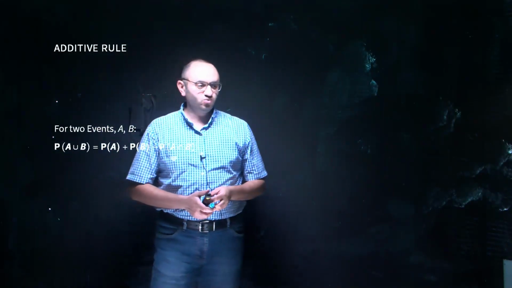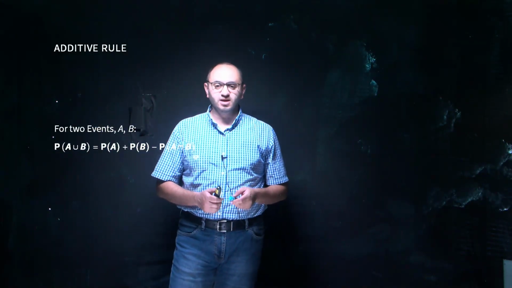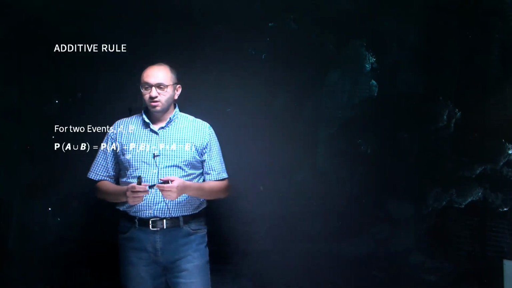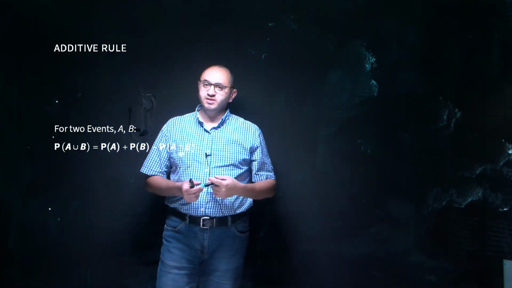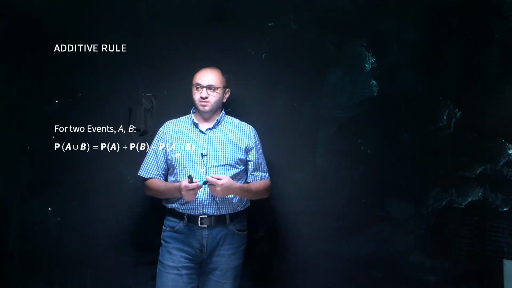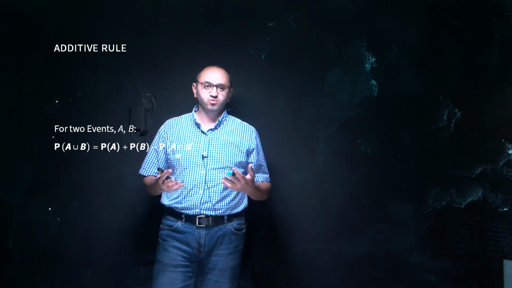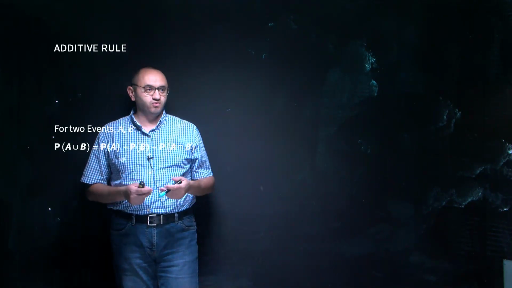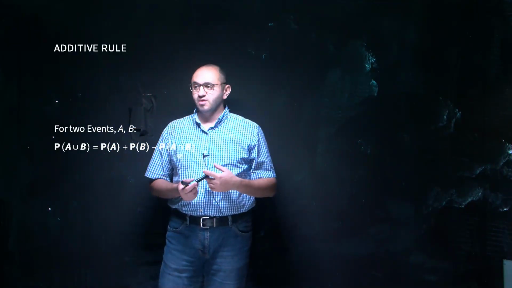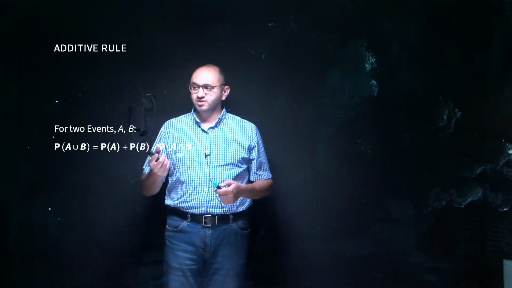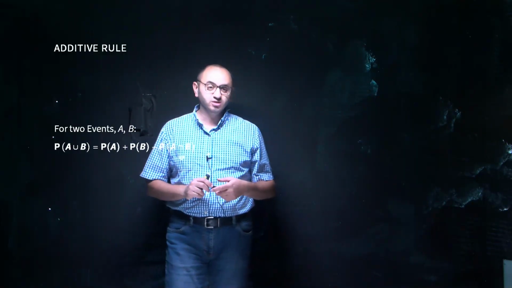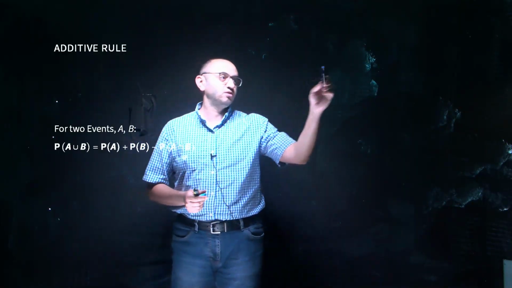All right, next we are going to discuss the additive rule. In general, if we have any two events, A and B, then probability A union B equals probability of A plus probability of B minus probability of the intersection. Why do we subtract probability of the intersection? The answer is here.